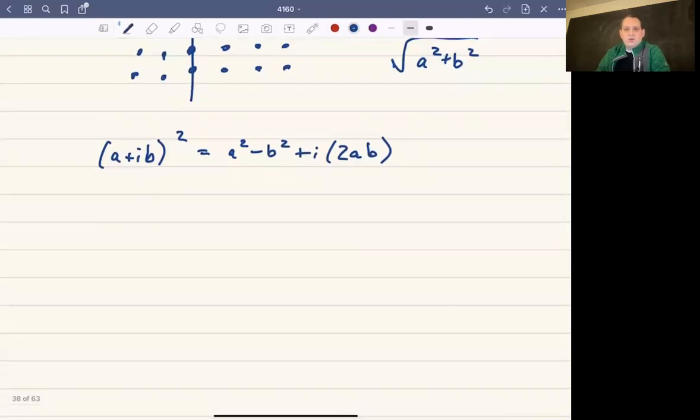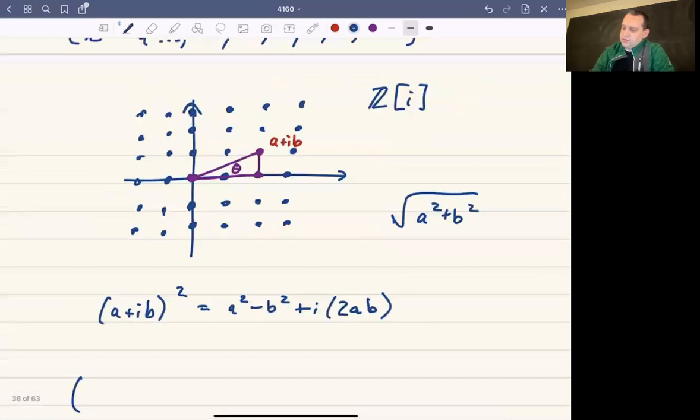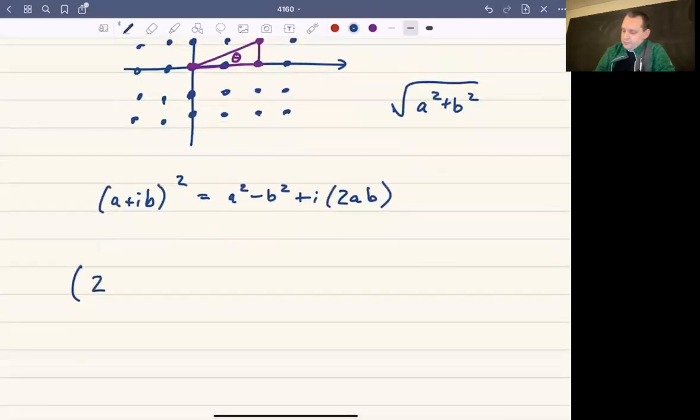And so just to show you the way that this works, just pick some random complex number. In our case, we already have 2 plus i. Okay, we know that 2, 1, there's no nice number that you can write here to make this a Pythagorean triple. But what happens when you square 2 plus i?